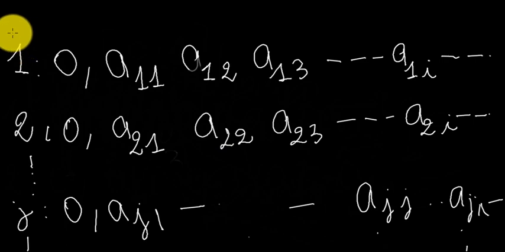He wanted to find an element which wasn't counted. So we are assuming here that we counted all the elements, but what Cantor wanted to do is find an element which is not counted in this list.